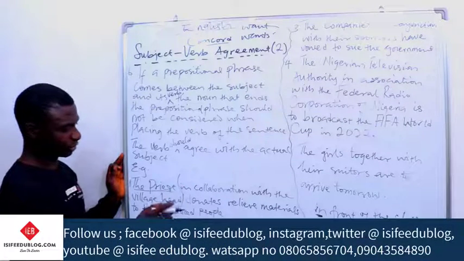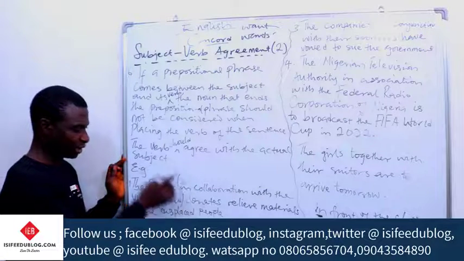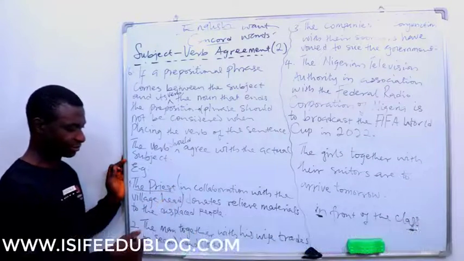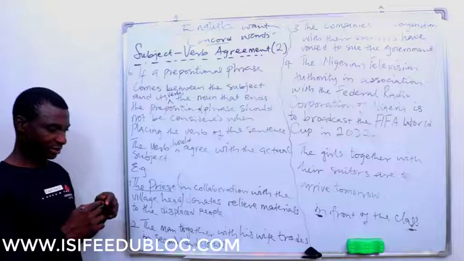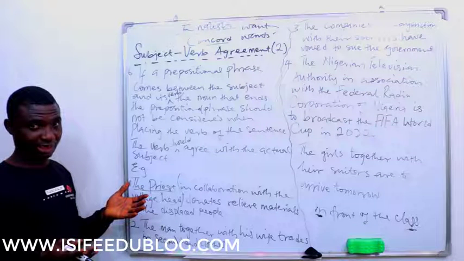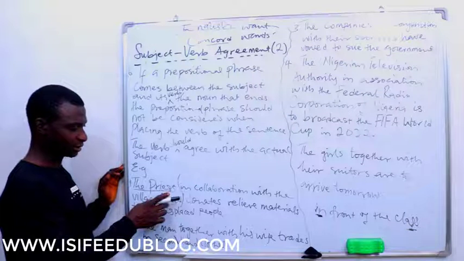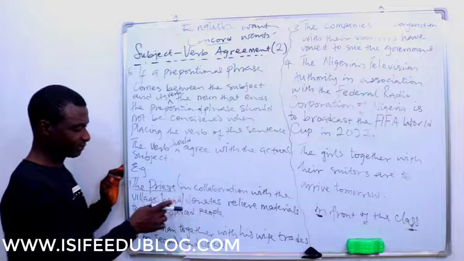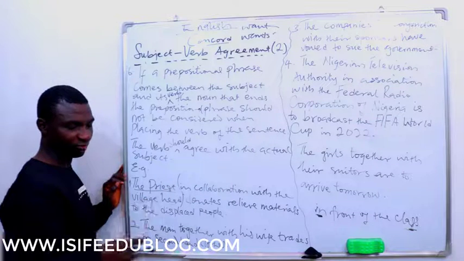In collaboration with the village head is a prepositional phrase beginning with in and ending with head. The village head is a person. The priest is a person. So there should be two persons in this sentence, right? But the verb will not consider the village head because it is a prepositional complement.